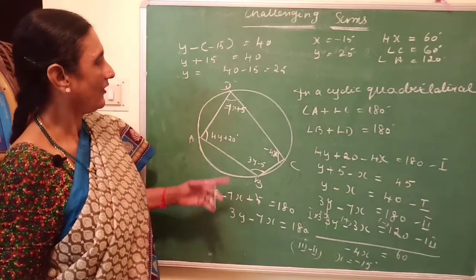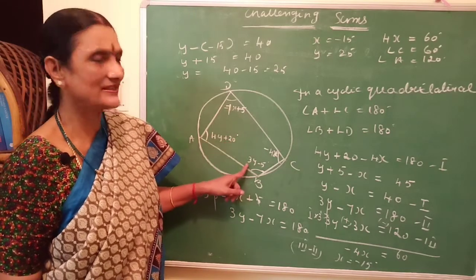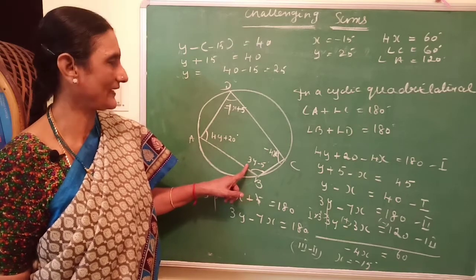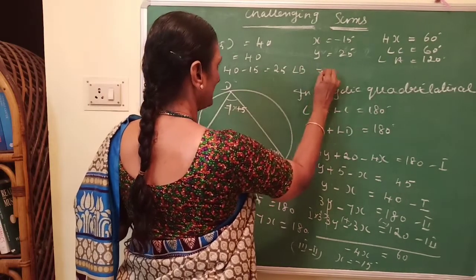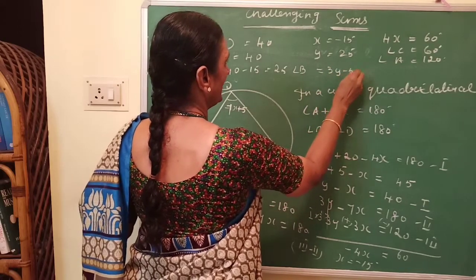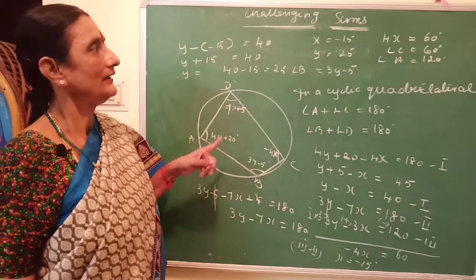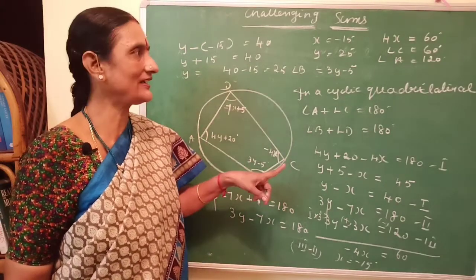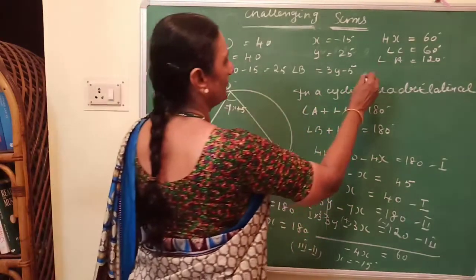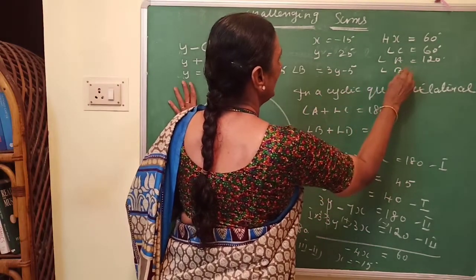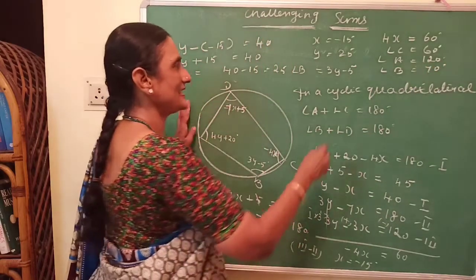Now, what about angle D and B? First, let me take 3y minus 5. So, what is angle B equal to? Angle B is equal to 3y minus 5. So, y is what? 25. 3y is what? 75. 75 minus 5 is what? 70. Therefore, you get angle B as 70. Therefore, what about angle D?